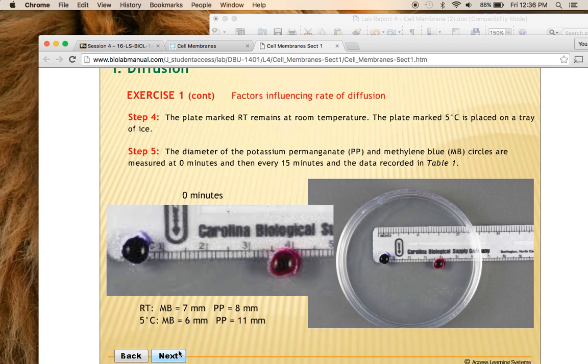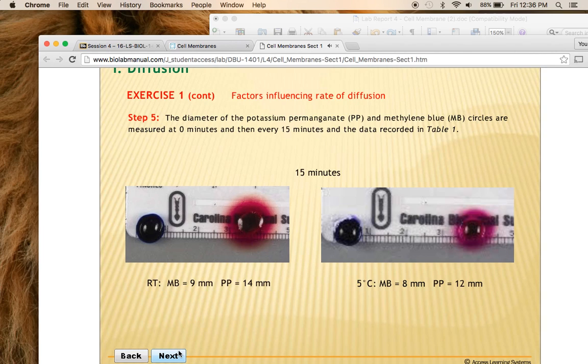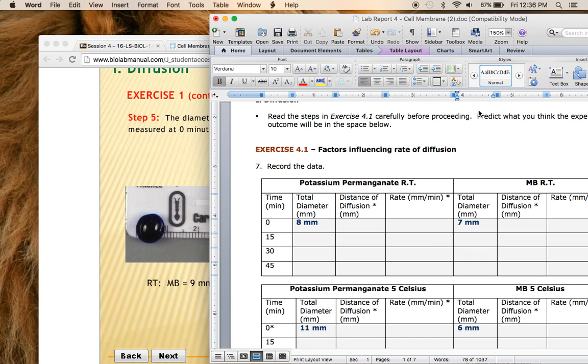And then the next slide is going to measure the diameter of both of these at 0 minutes and then at every 15 minutes. So at 15 minutes, you can see that the potassium has gotten a whole lot wider. So the diameter here is 14 millimeters across from side to side, whereas the methylene blue is only at the 9 millimeters. So we're going to record that on the table.